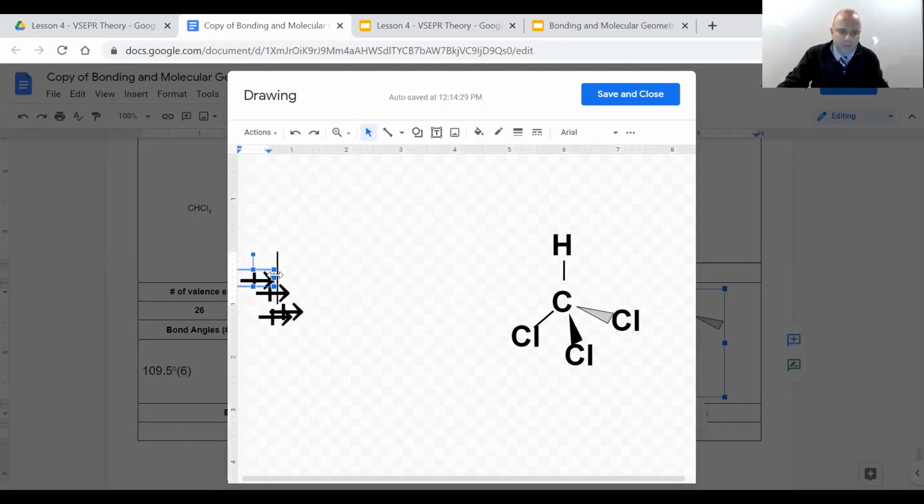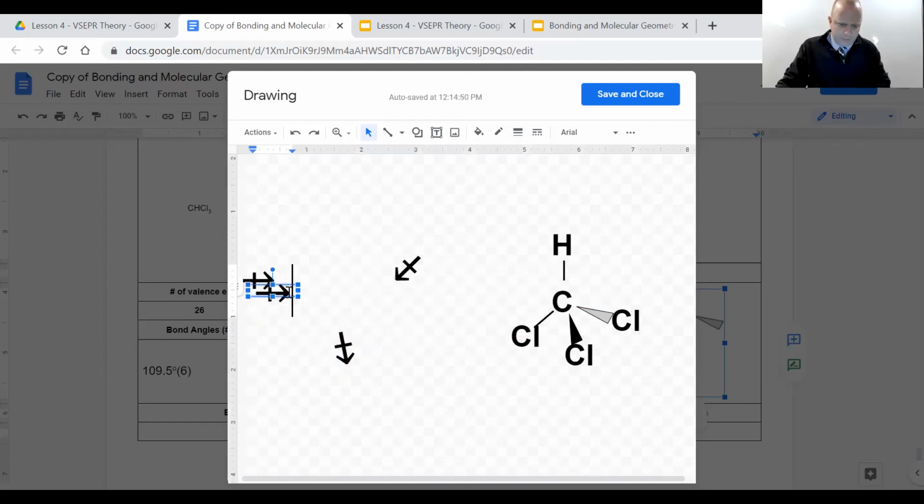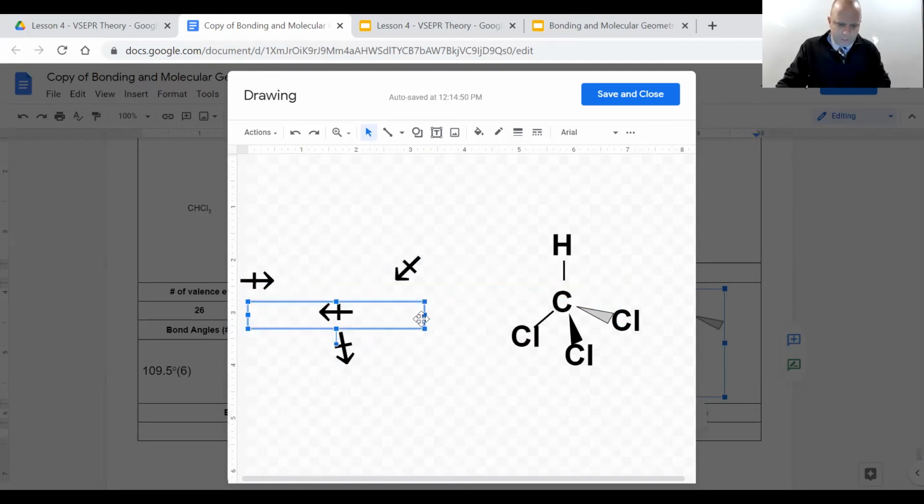Let's see if I can grab one of these. So I'm going to make 1 point down and to the left. I'm going to make 1 point kind of down and to the right a little bit. One's going to point a little bit out here. There we go.